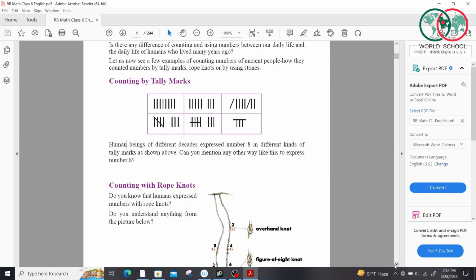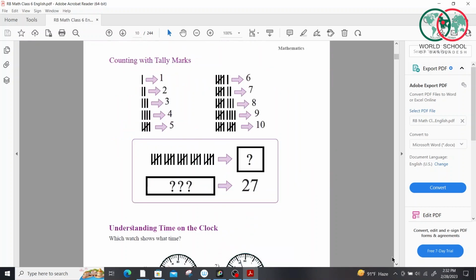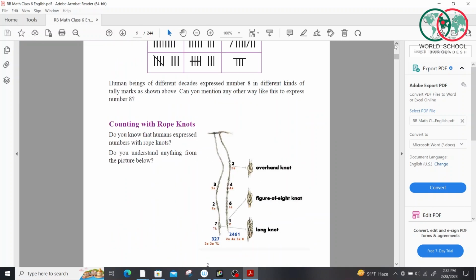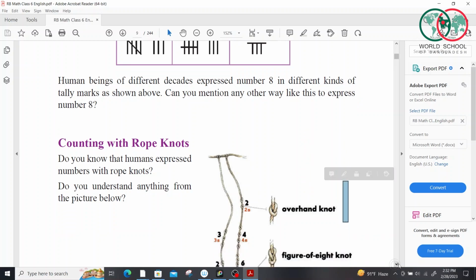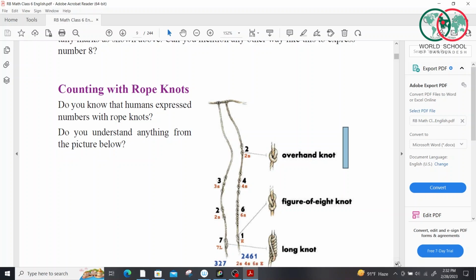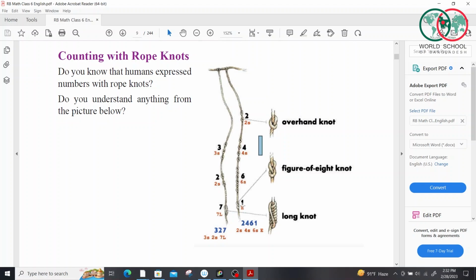So there are different methods they used to count things. Here if we zoom in, we'll see an overhand knot. So there are 2 knots. 2 knots represent 2, 4 knots represent 4, 6 knots represent 6, and to represent 1 we use a double knot.